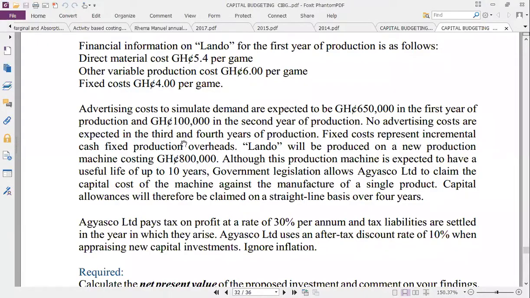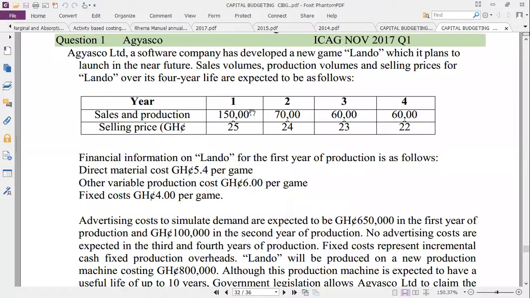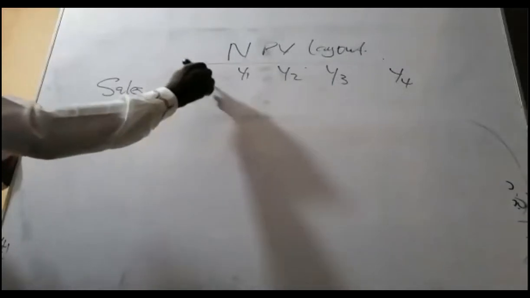So for the sales revenue, you pick your calculator and perform the workings. When we go to the question, they are going to produce 150,000 units. The selling price is 25 cedis. So what will be the amount? The amount will be very big, so let's add 3 zeros to be on the safer side.